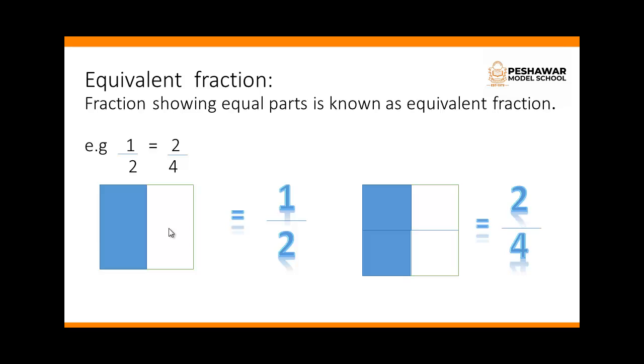Equivalent fraction. Fractions showing equal parts are known as equivalent fractions. Example, 1 over 2 is equal to 2 over 4. These fractions represent the shaded part. Here in this figure, one part is shaded and here in this figure, 2 parts are shaded.